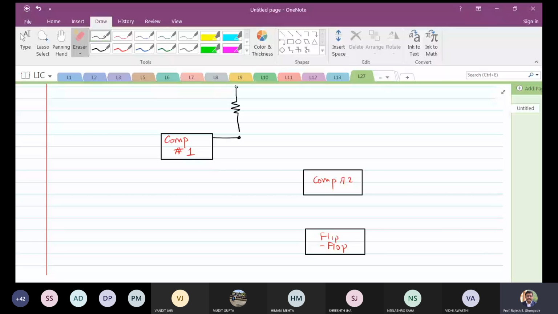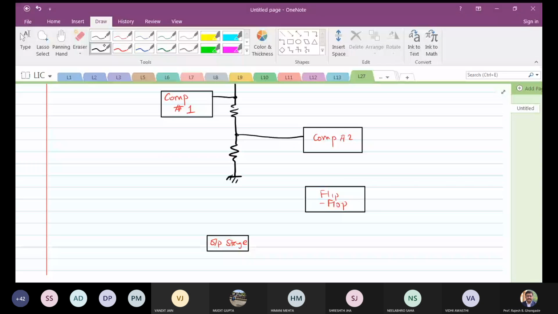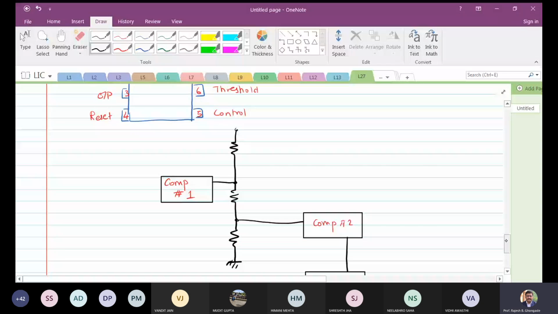And you'll realize that we have already seen something like this earlier. It may look a little bit complicated to begin with, but actually it is very simple.